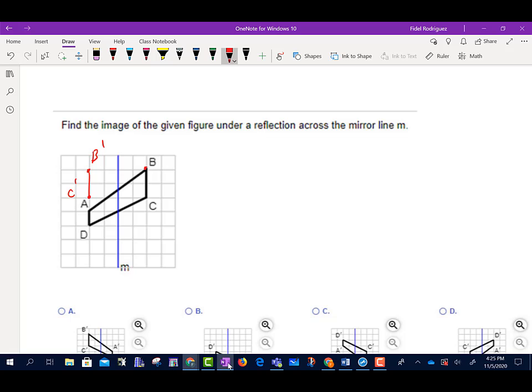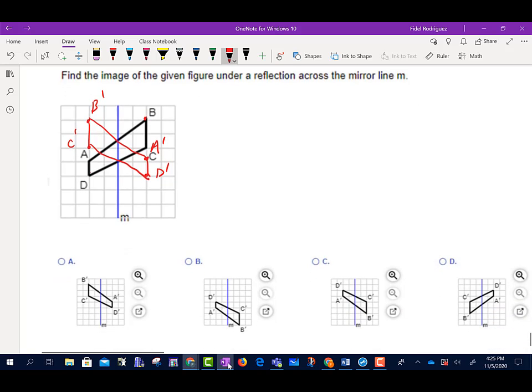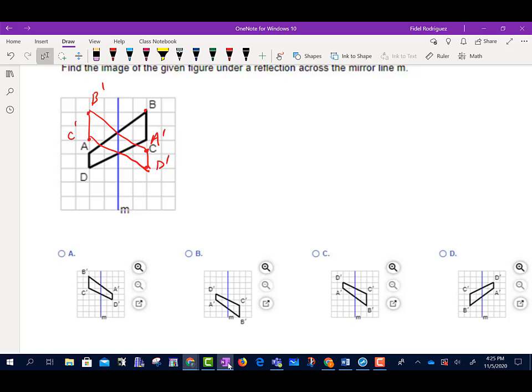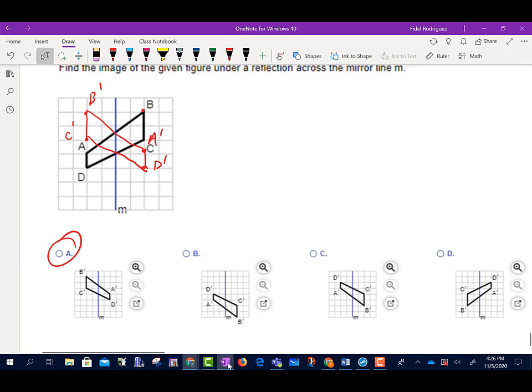So that piece is going to look like that. My A here is going to go right over there. That's going to be my A prime. And my D here is going to be right here. That's going to be my D prime. And that's going to be my picture. So I'm going to look which one of these looks like what we've drawn, and I would say choice A.